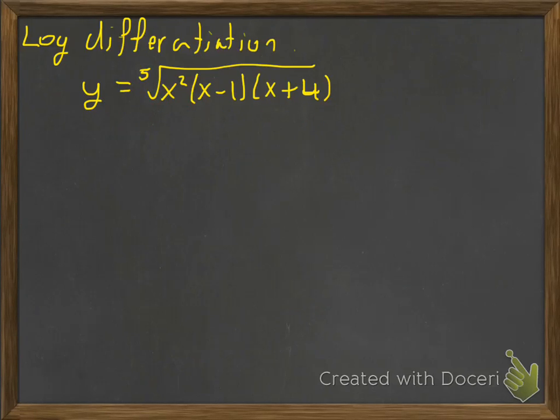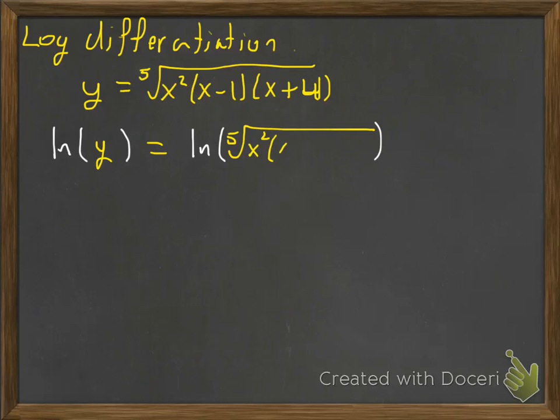And so what we're going to do is use the fact that the natural log is a nice function, and we're going to assume that this is all positive and non-zero, so that it's in the domain of the natural log. So we'll take the natural log of both sides, and the natural log has those nice properties which will allow us to break this fairly complicated argument up into some pieces.